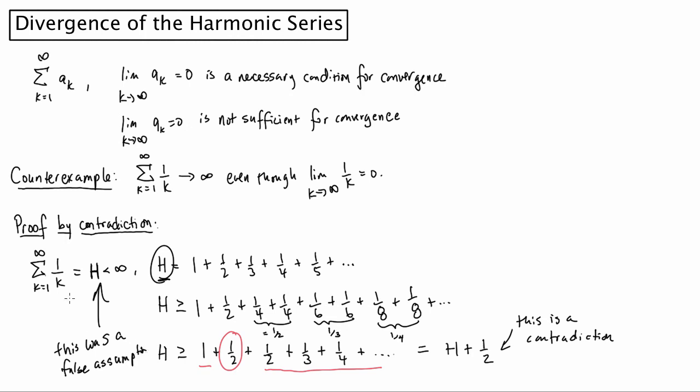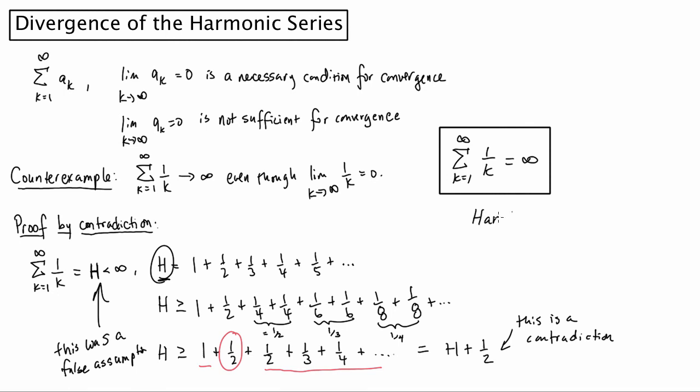And so the only thing that I can do to reverse that is to say, well, it's a false assumption, so the opposite of this must be true. This sum must be equal to infinity. In other words, I can't find a value h less than infinity for which this works. And so what we're left to conclude is that the harmonic series diverges.